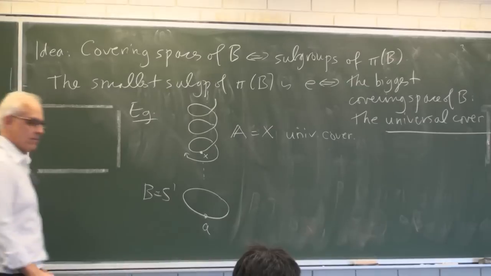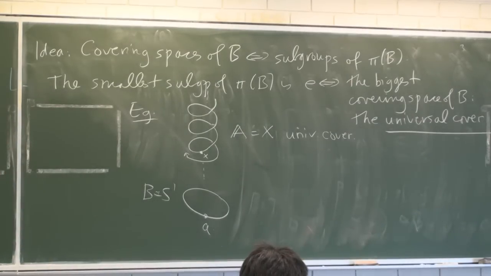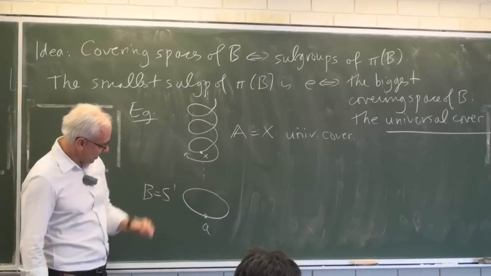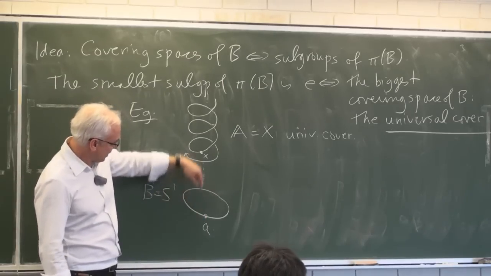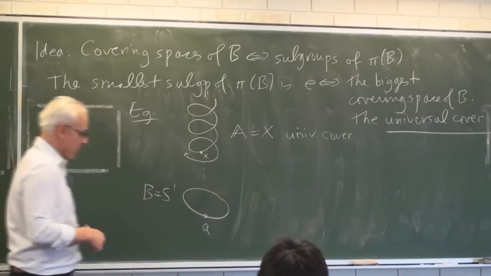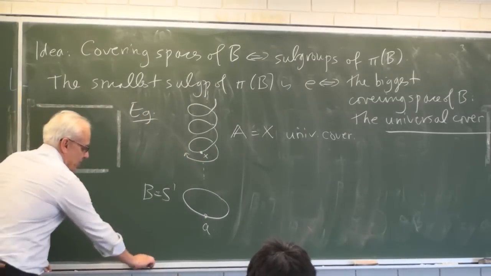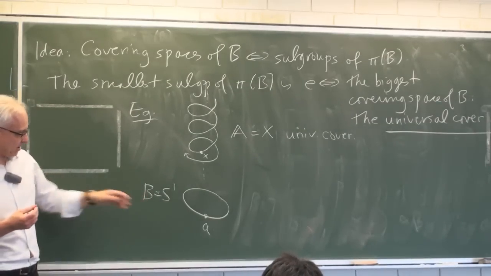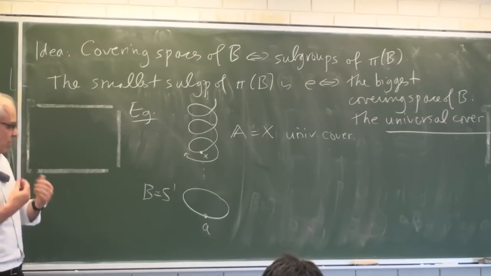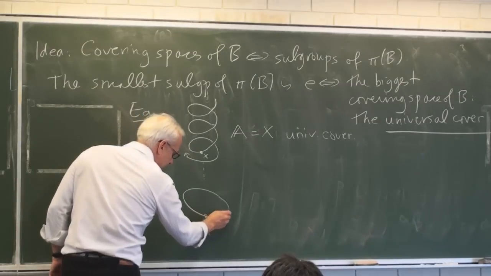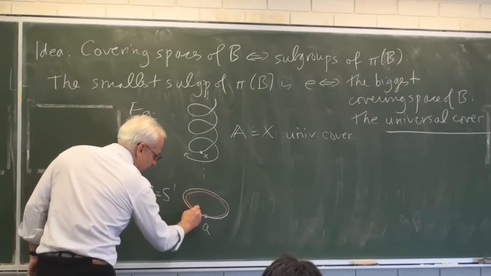Let's call it X. How could we get this X from this base space B? Well, what we do is look at curves, paths in B, which start at A. Homotopy classes of paths which start at A. So we're going to choose any path. Let's choose this one here.